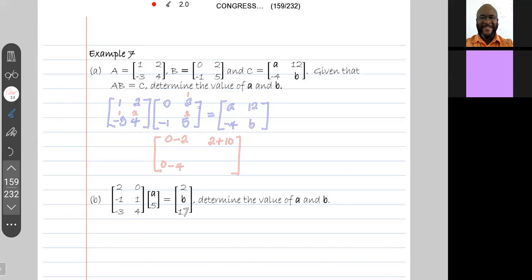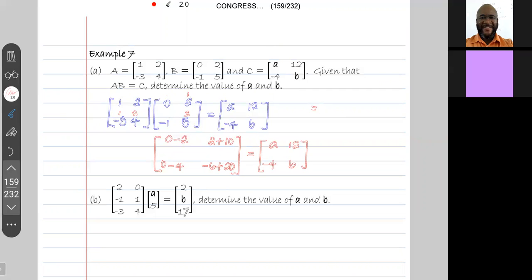So minus 3 times 2 is minus 6. Second element in the row, 4, by the second element in the column, 5. So it's 4 times 5, which is 20. All right, so this is AB, and this is equal to C, which is A, 12, minus 4B.